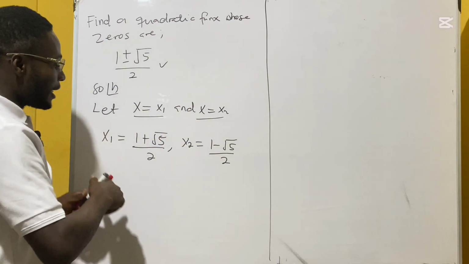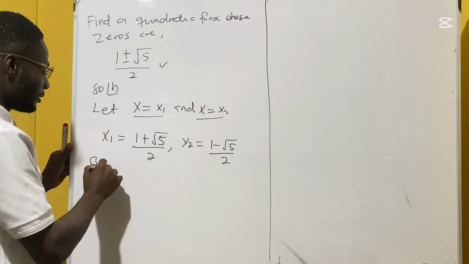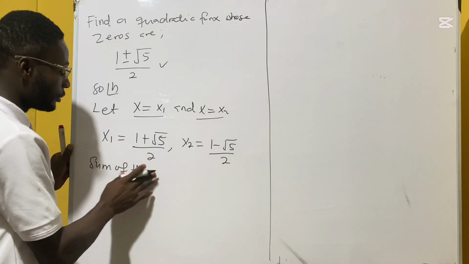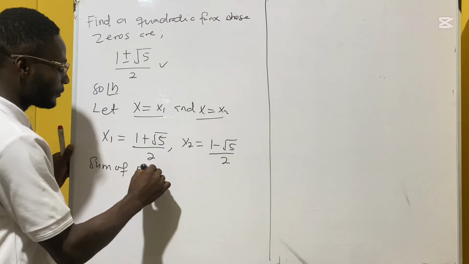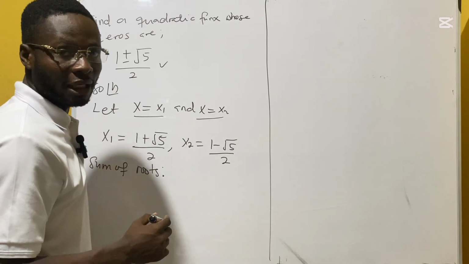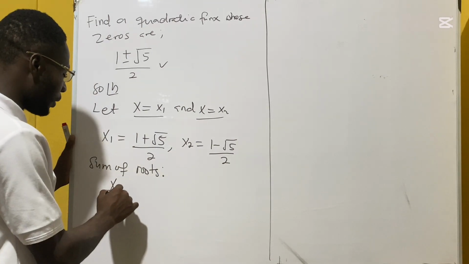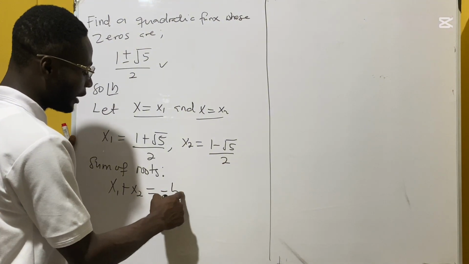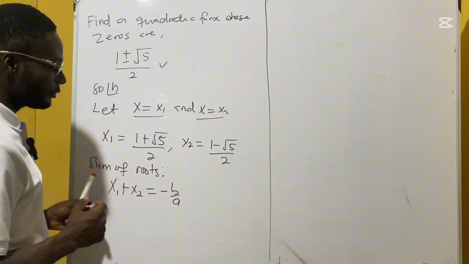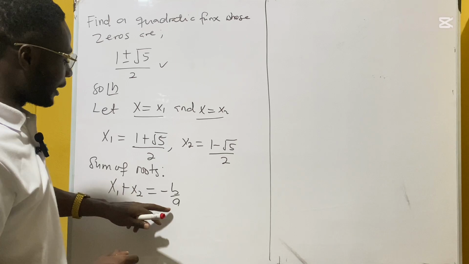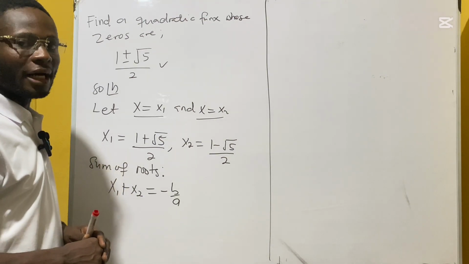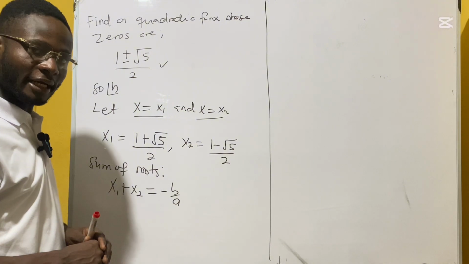Okay, so the sum of these roots, now we know the formula, right? We know that x1 plus x2 is equal to negative b over a. But do we have negative b over a here?